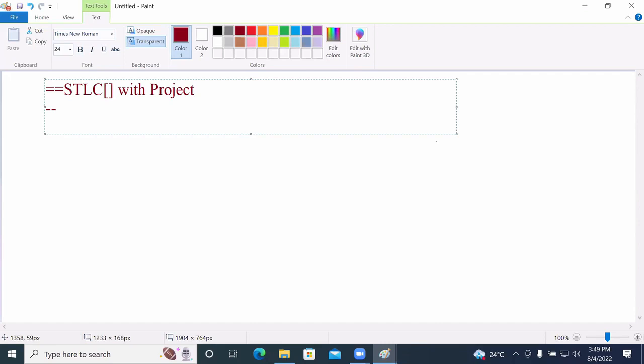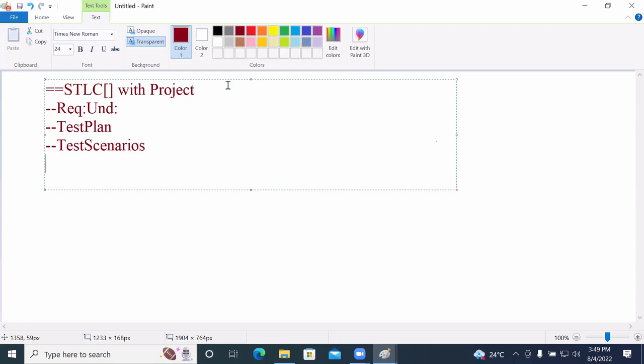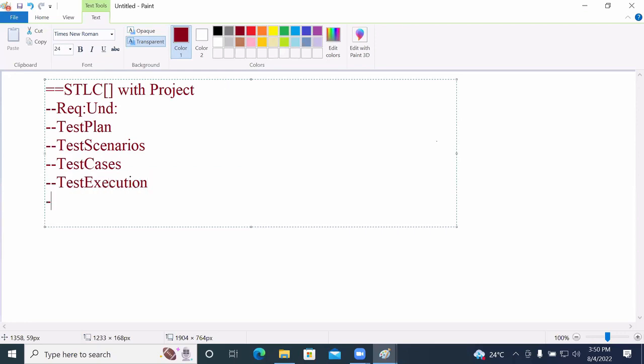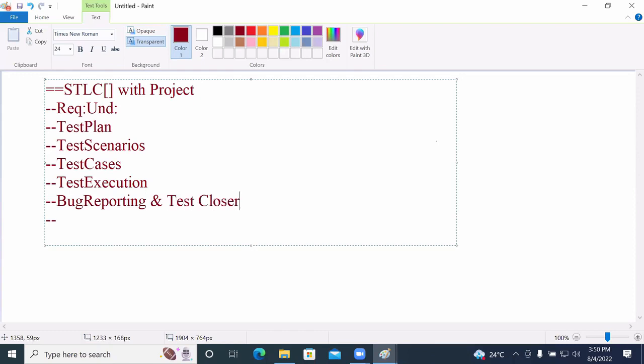Under that, make a note of the steps. Take the first step, requirements understanding, and then test plan, and then consider the test scenarios, and then test cases. After that, test execution, and then bug reporting and retesting.